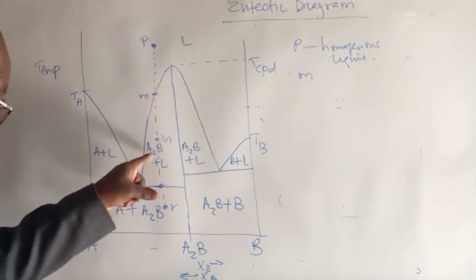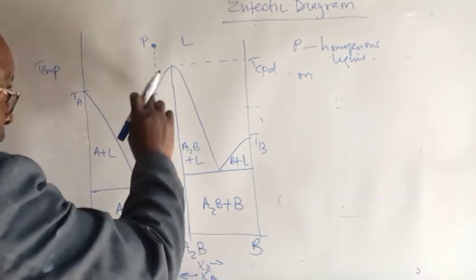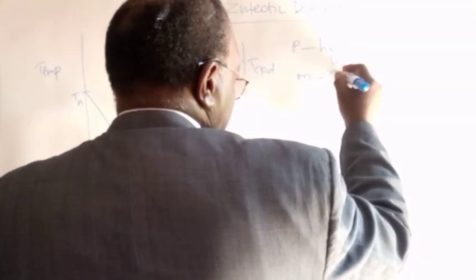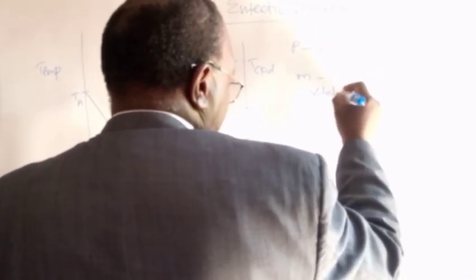Remember, in this section we have AB2 plus liquid. So we'll have the first primary crystals of the compound crystallizing out.